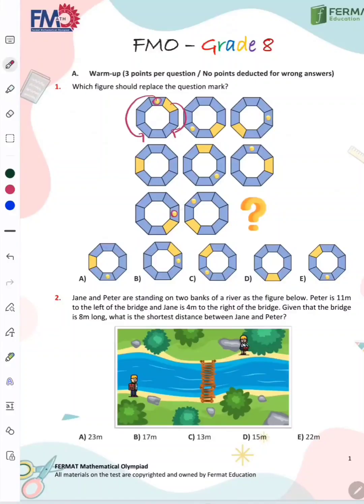The yellow ball shifts 3 units anti-clockwise while the yellow region shifts 2 units clockwise. So now 2 units clockwise, it's either this or this, and 3 units anti-clockwise means the picture coincides with E, the next picture. The answer is E.